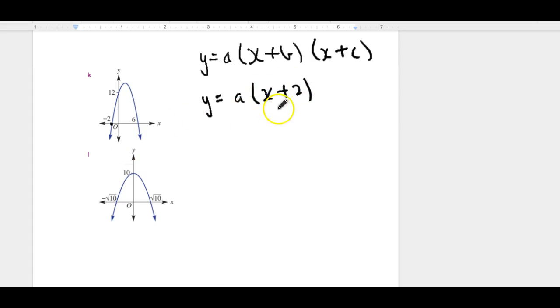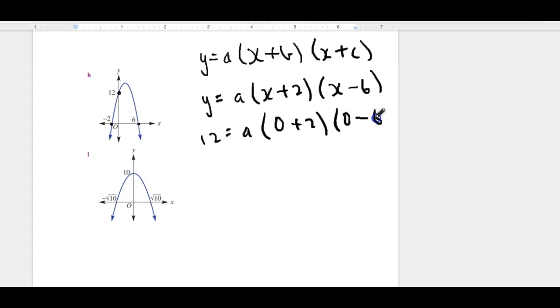Remember, when you solve this, when you let it equal 0, that's where the -2 comes from, so you're kind of working backwards. And then we've got x minus 6 here. All right, substitute in a point. So I've used my x-intercepts, I can't substitute them in, but I have here my y-intercept. So my y-intercept is at 12, y equals 12, and then 0 for x.